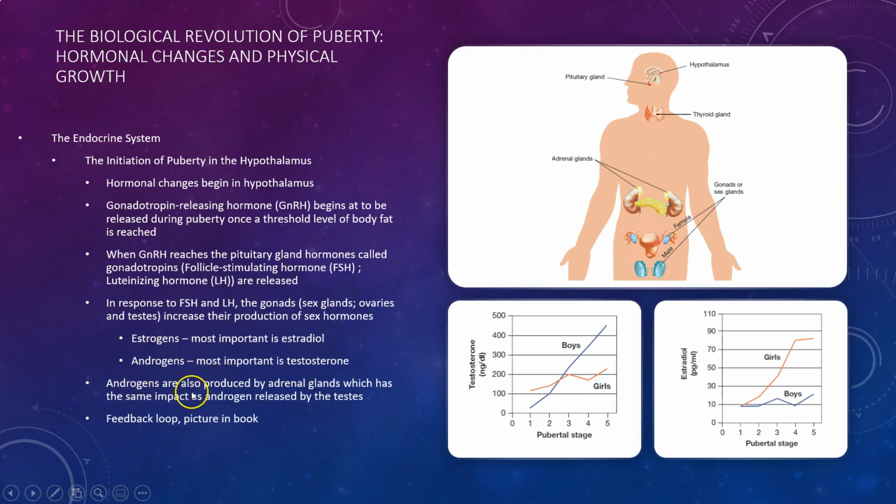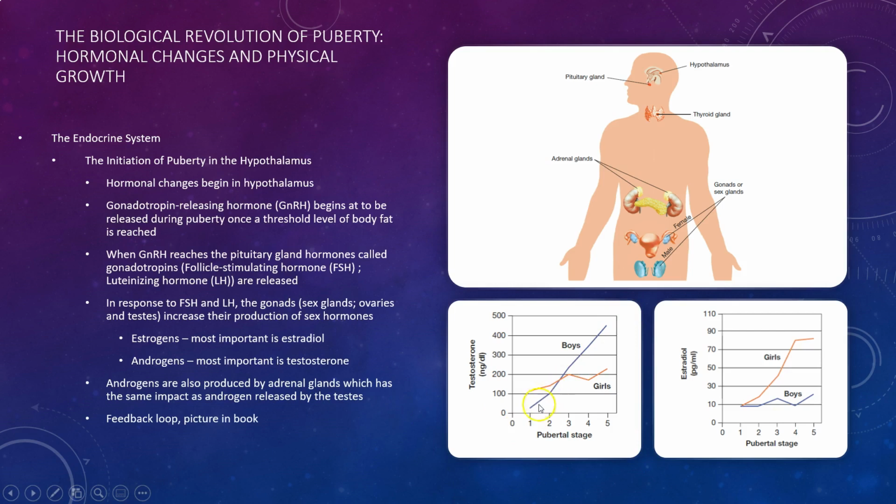Androgens are also produced by the adrenal glands here, the base of the kidneys, and those androgens have the same impact as androgen released by the testes, and it becomes a feedback loop between all of these systems that ramp up this hormone production for puberty.